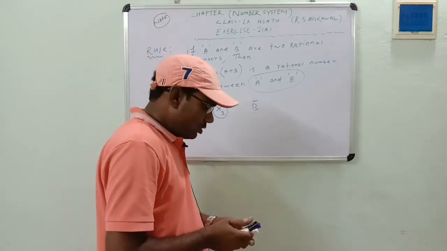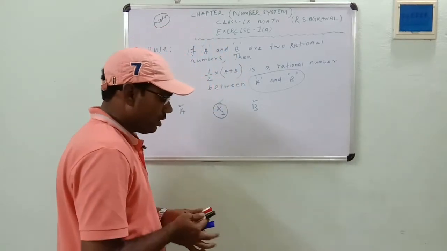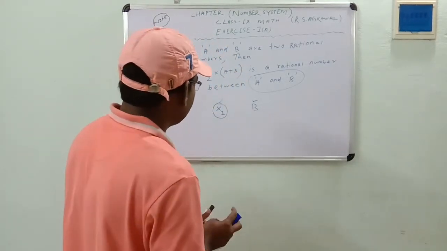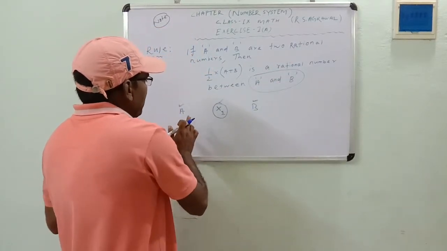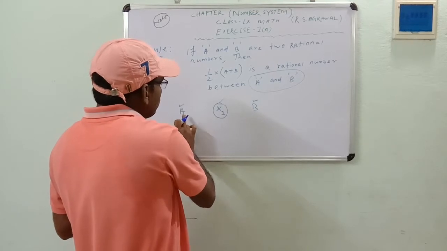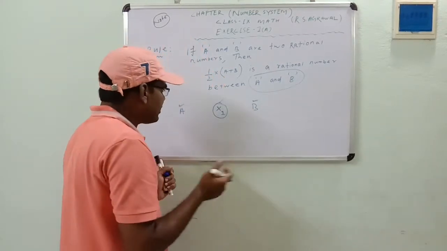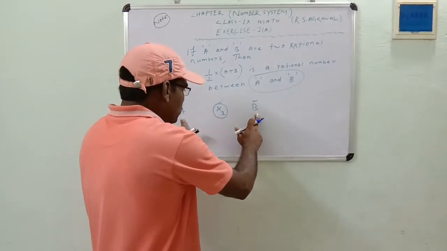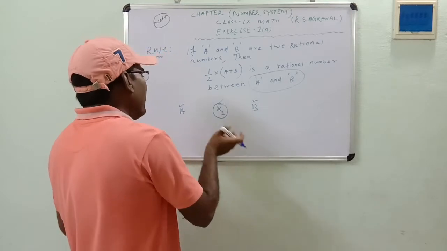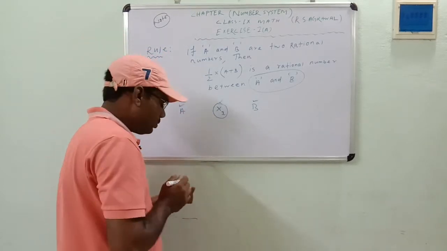Suppose you want to find out two rational numbers, therefore you have to find out the second rational number between these two by finding out the middlemost rational number of these two.